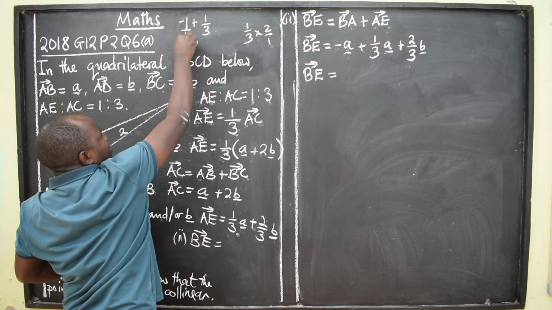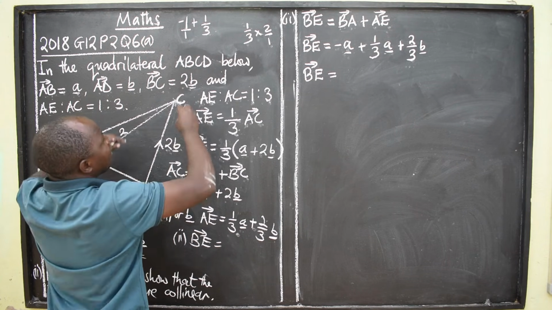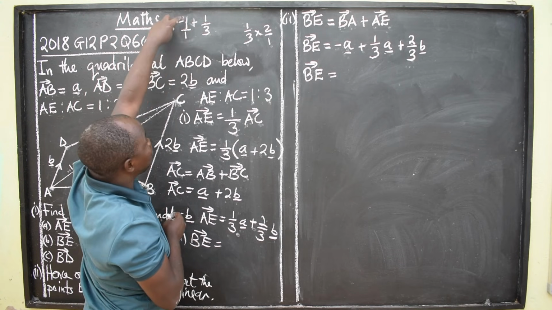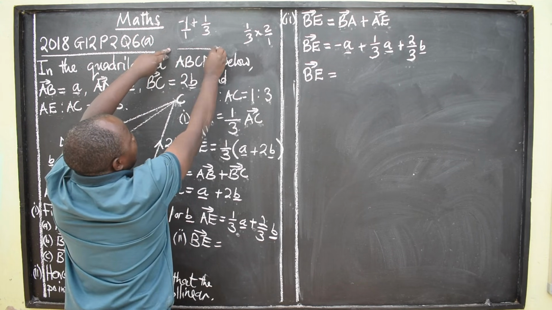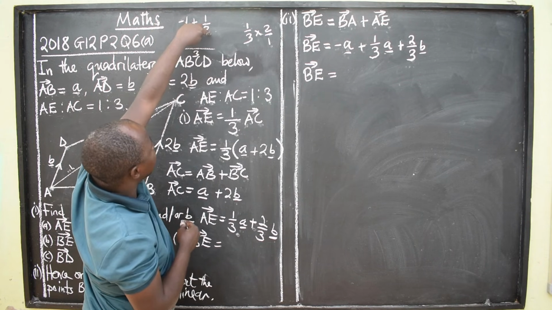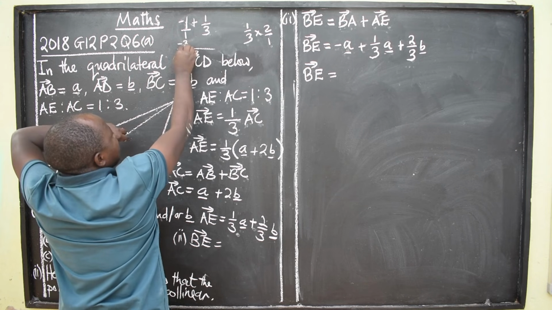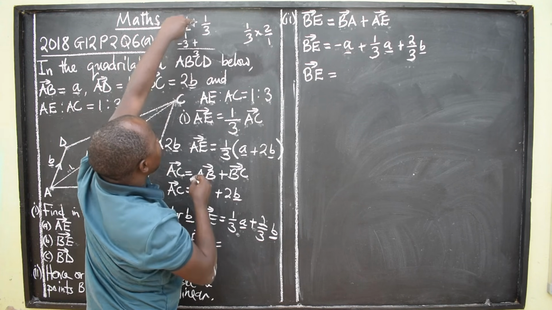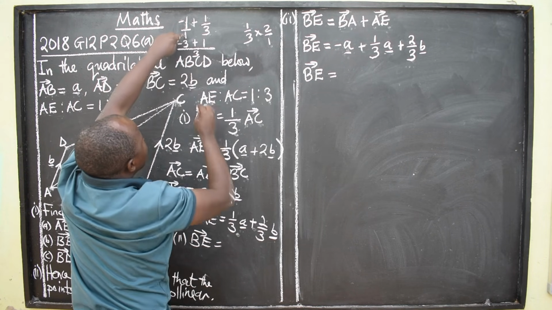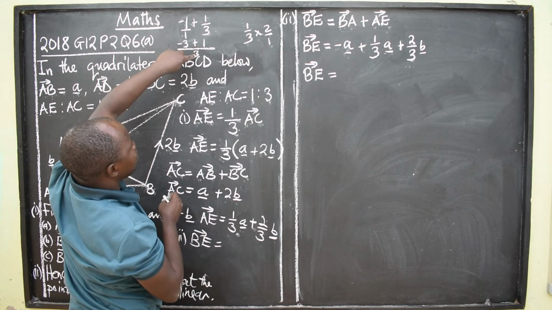This is a fraction, make this a fraction as well. Then you're going to say negative 1 times 3. That is the short way. Instead of saying common denominator 3, what and what, you just say negative 1 times 3. It will be negative 3 plus 1 times 1. It will be 1 over 1 times 3. It will be 3.